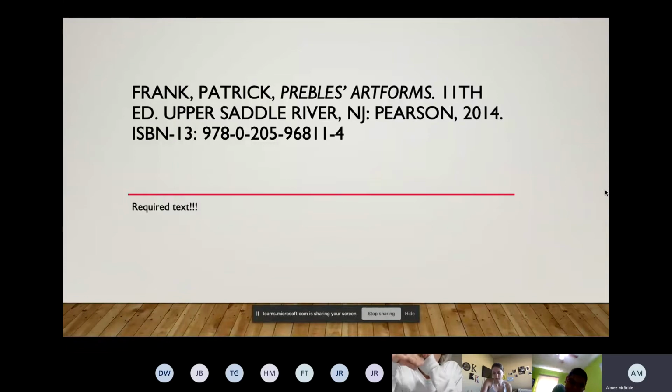The 11th one is located at the bookstore, and I'm pretty sure there is an online edition. So if you want to keep it electronically, that's fine too. But you are going to want to get that book because I do pull some quiz and exam questions specifically from the readings that you're supposed to do.